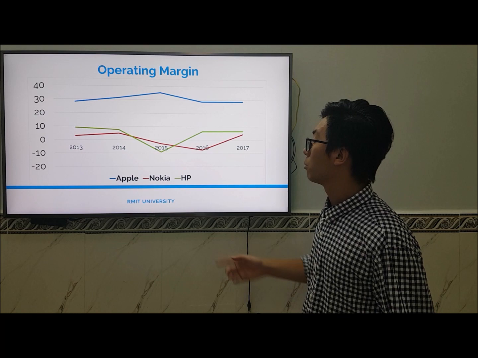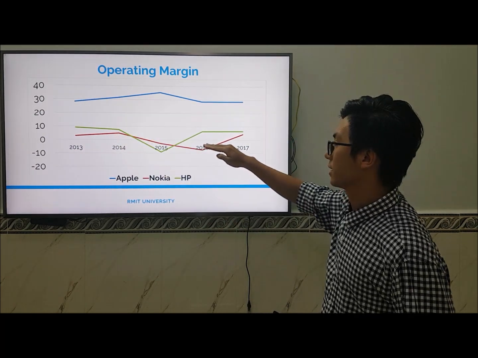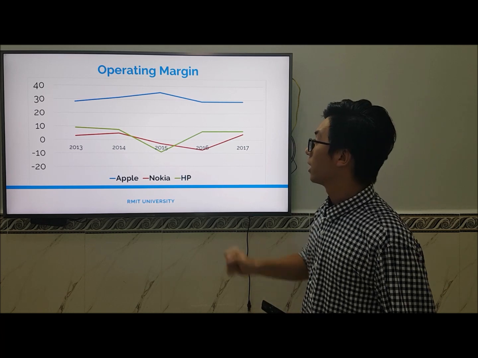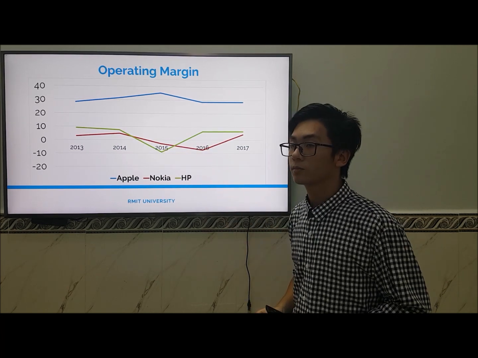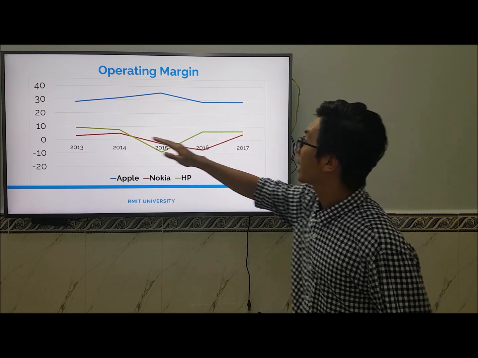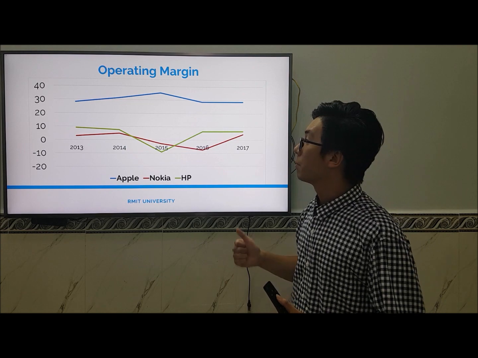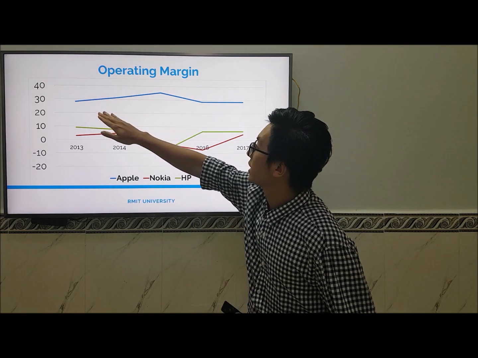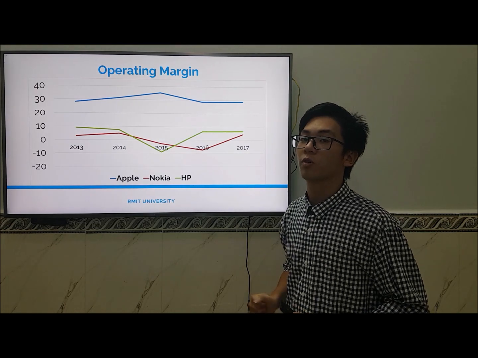As you can see, both Nokia and HP have a decreasing trend, and they both had a dramatic drop in 2015 and 2016. Apple has the highest operating margin among the three, and it also managed to slightly increase and remain stable most of the time.